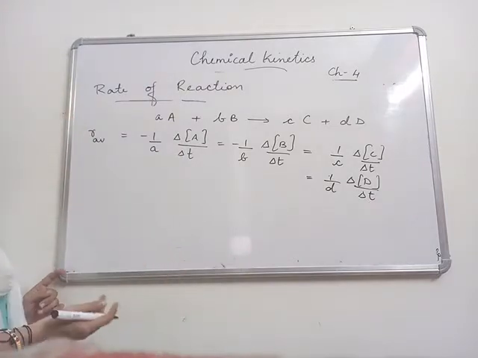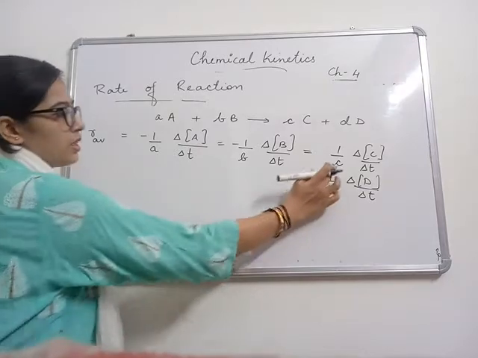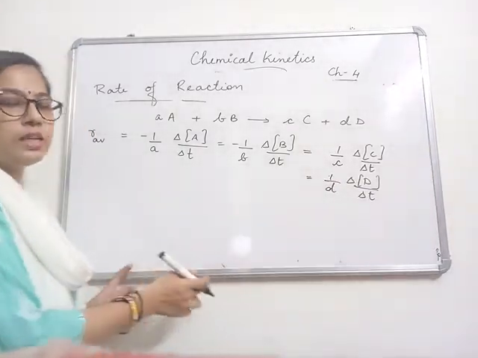With respect to reactant, it has a negative sign, and a, b are the number of moles of A and B, and c, d are the number of moles of C and D respectively.